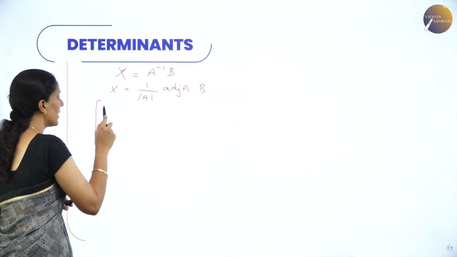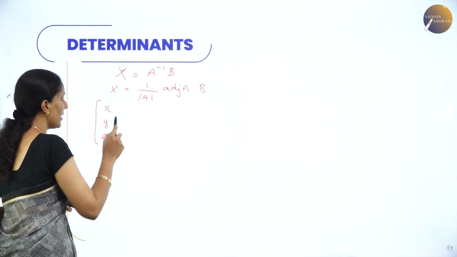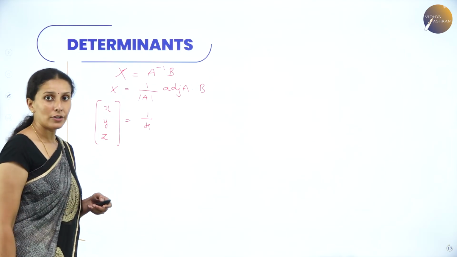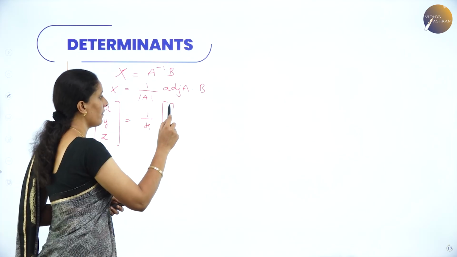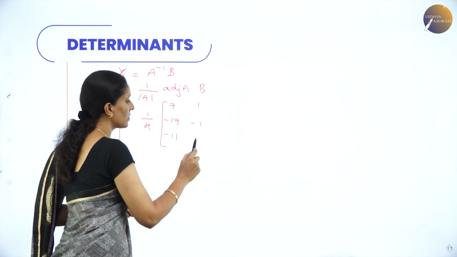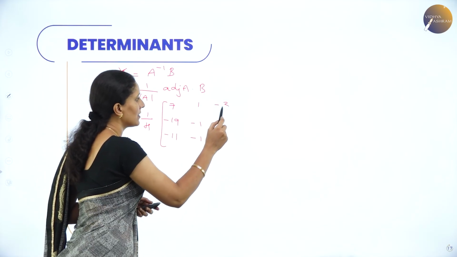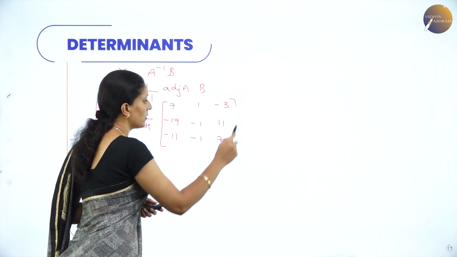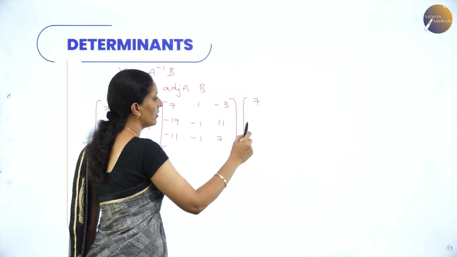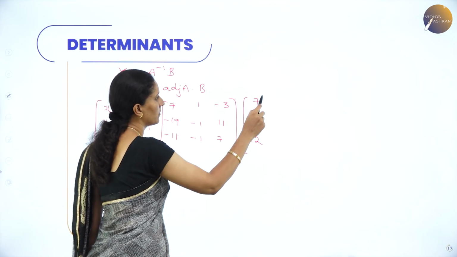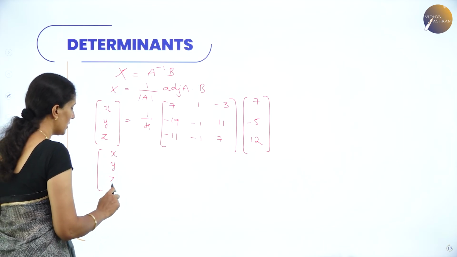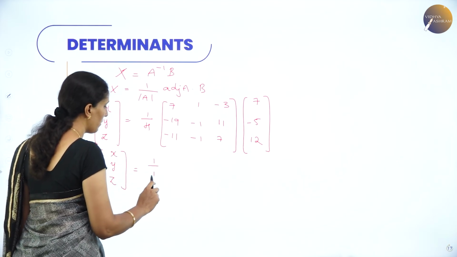So, X is X, Y, Z. So, 1 over determinant is 1 divided by 4. Adjoint A is 7, minus 19, minus 11; 1, minus 1, minus 1; minus 3, 11, 7. So, this is adjoint A. And matrix B is 7, minus 5, 12. So, we have here X, Y, Z is equal to 1 by 4.